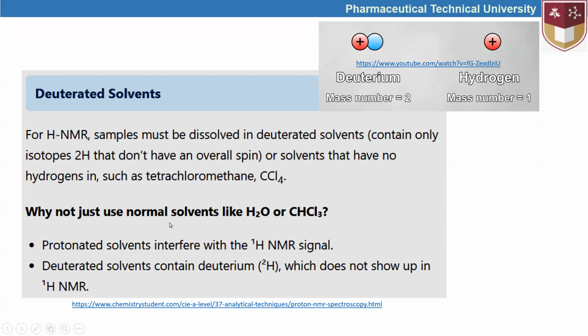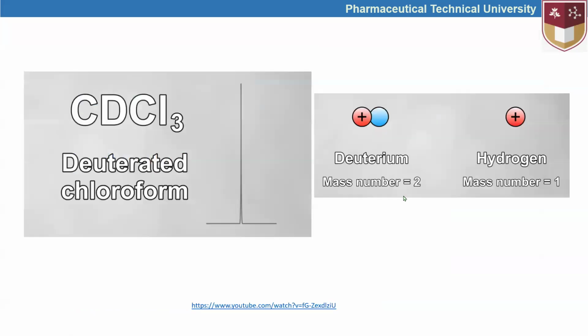And why not just use normal solvents like normal water, protium-holding water, or chloroform? Protonated solvents interfere with the HNMR signal, and deuterated solvents contain only deuterium, which does not show up in hydrogen NMR. From this point of view, deuterated water or other deuterated compounds can be used as solvent.